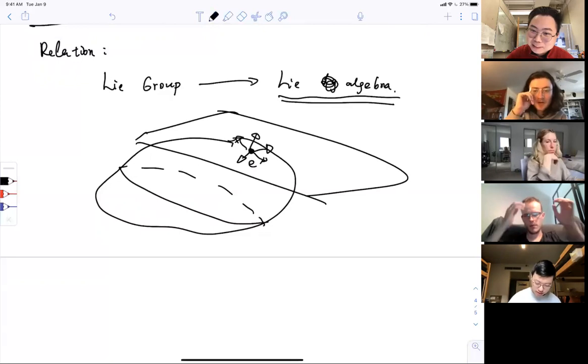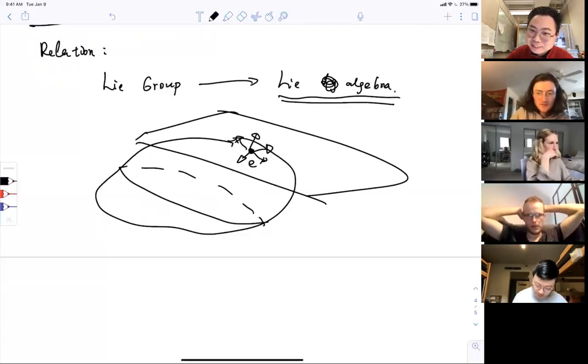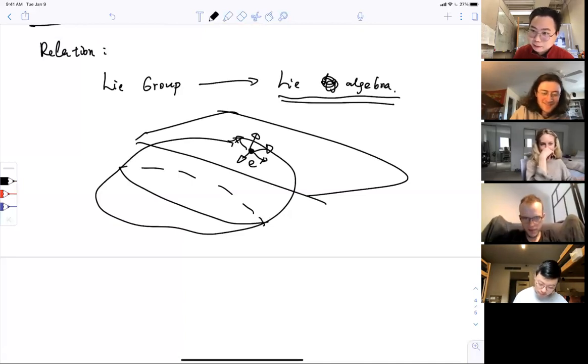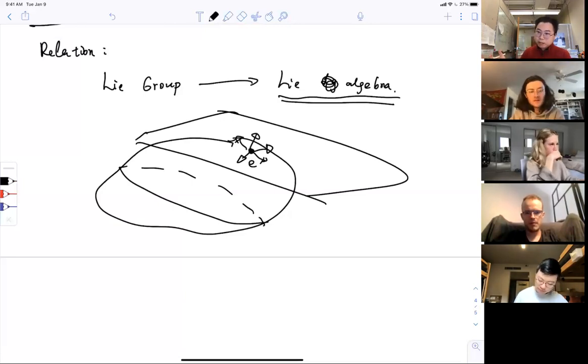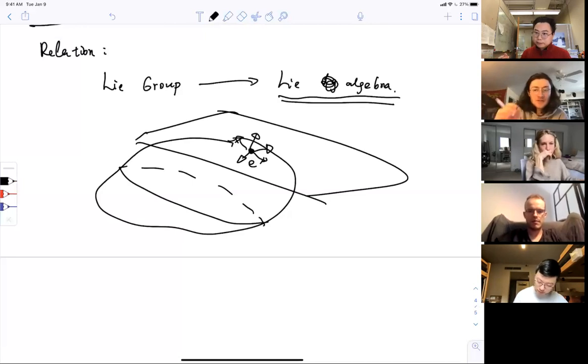Sorry, one more time. What is the specific connection of the Lie algebra to this tangent plane at the identity element? The algebra is a tangent plane. It is the plane. Yeah, exactly. Remember, the algebra is a vector space first, and a tangent plane is already a vector space. Okay, and it's specifically at the identity element in the group. Exactly.